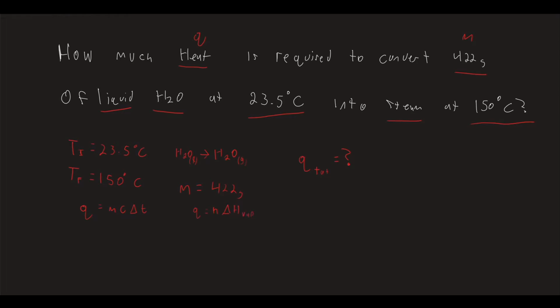So after you pull all the information out of a question like this, now you want to figure out what types of equations you would use. And these are the equations right here. And then looking over these equations, we want to figure out what other information we would need to solve for these equations. Well, we see that we need the specific heat, and specifically, we need the specific heat of a liquid.